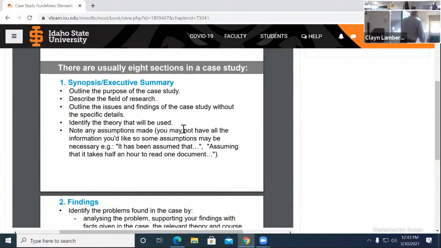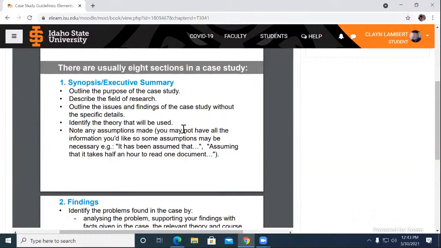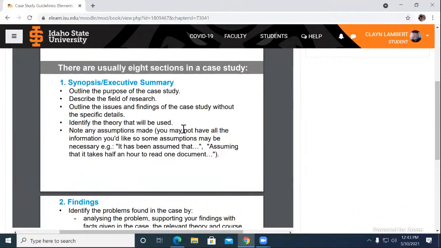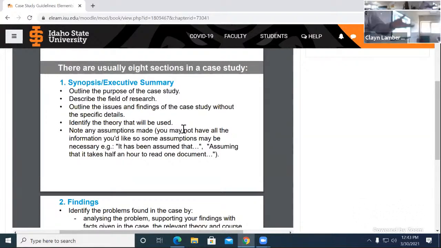What's the key word in the description of this section? Summary. It's a summary. This is something that I write at the very end of the paper, even though it goes first. Can anybody tell me why? It's kind of like a recap over the paper. Yeah, it's the recap.